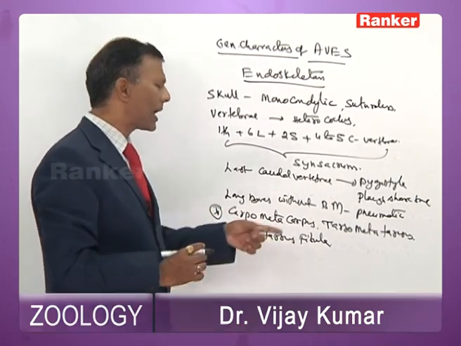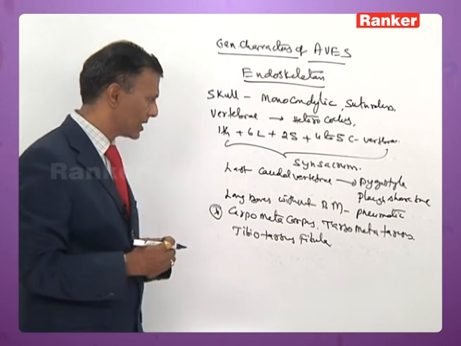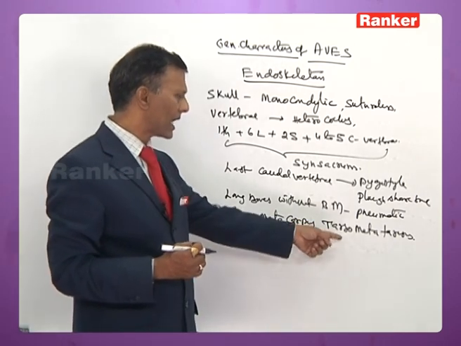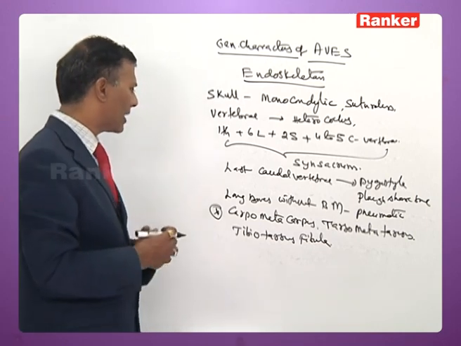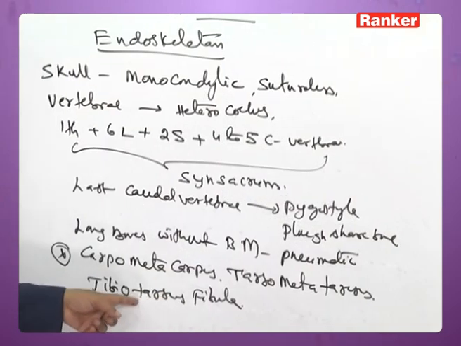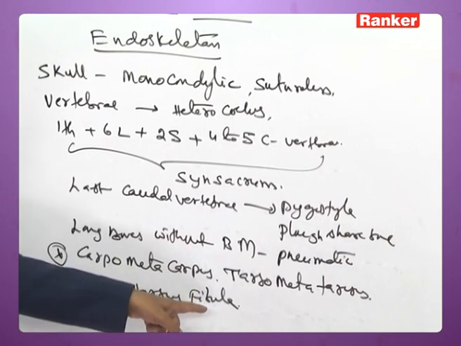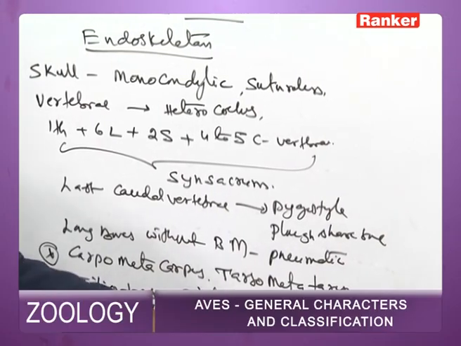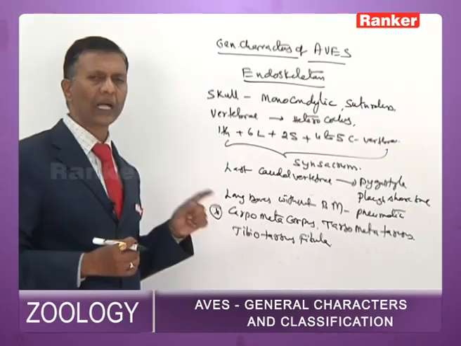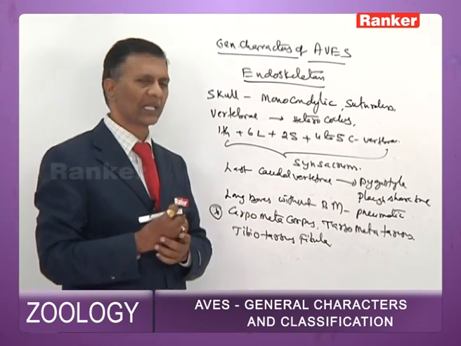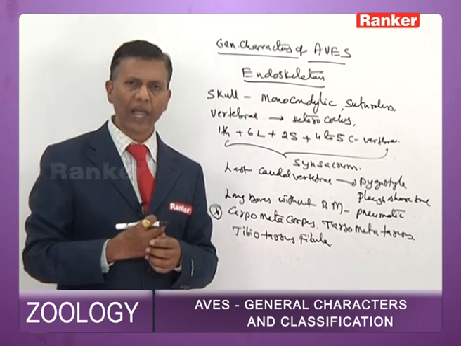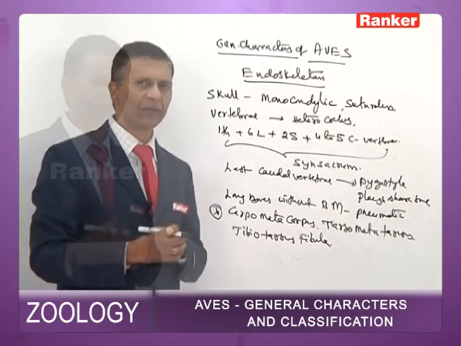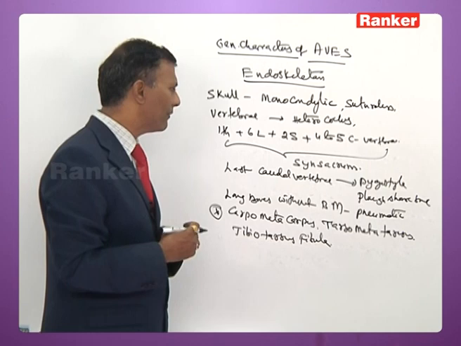Carpals and metacarpals are fused to form a complex structure. Distal tarsals and metatarsals are fused to form a complex structure in the hind limbs. The proximal tarsals and fibula of the shank are fused to form the tibiotarsus fibula. All these complex bones enable them to fly without any resistance during flight.